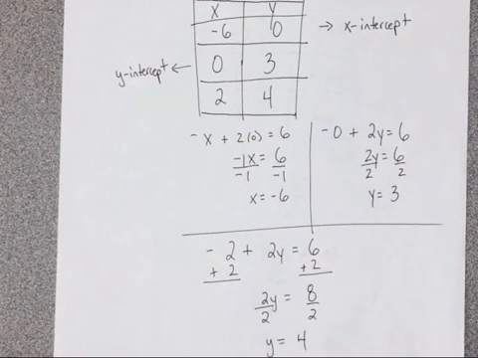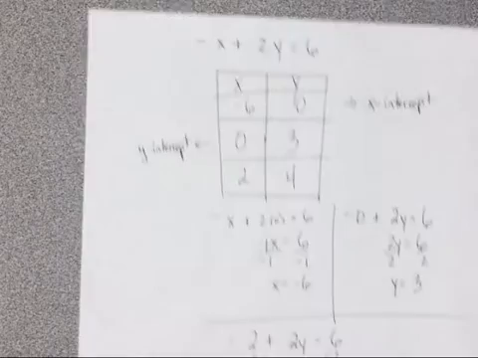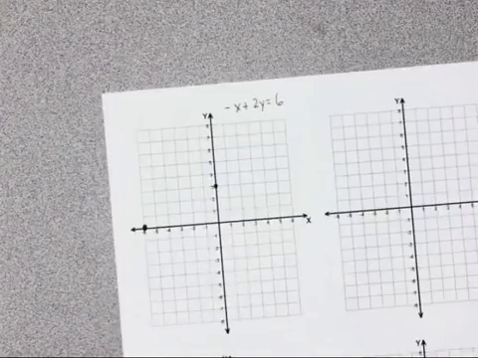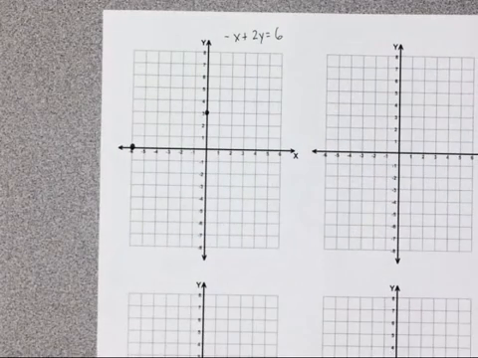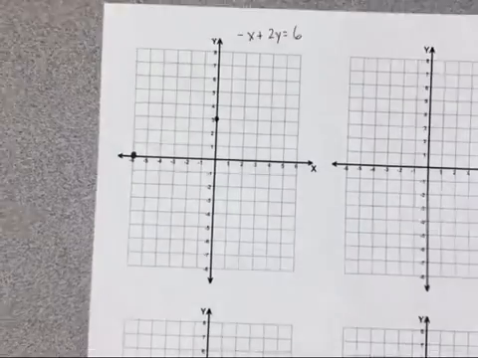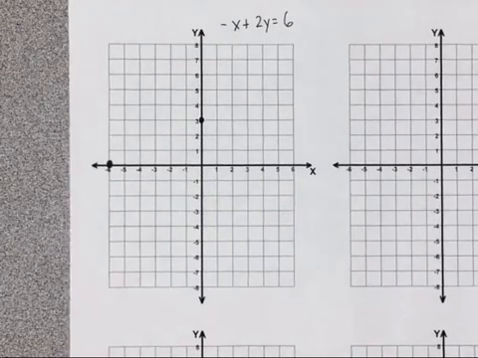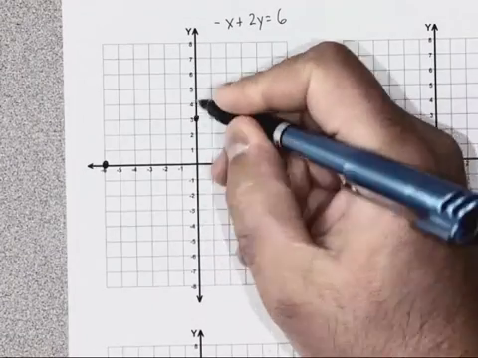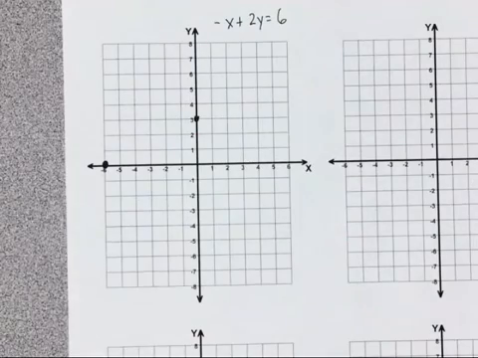Okay. So now 2, 4 should lie on that line. So let's just see what happens. If it doesn't, then we need to go back and check our work somewhere. So we've got our y-intercept, we've got our x-intercept.